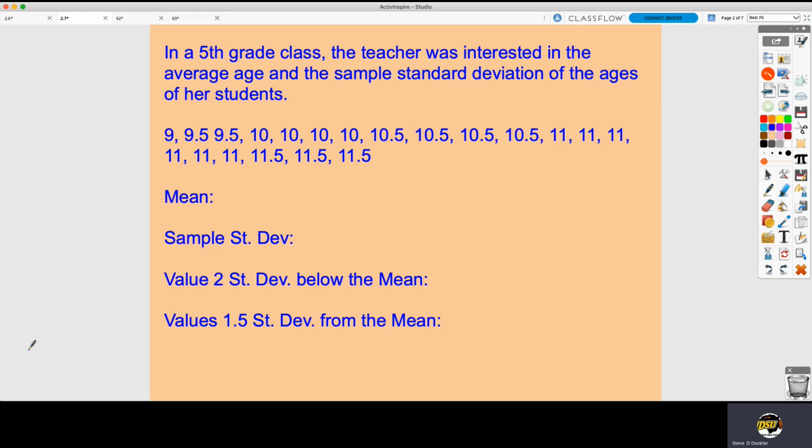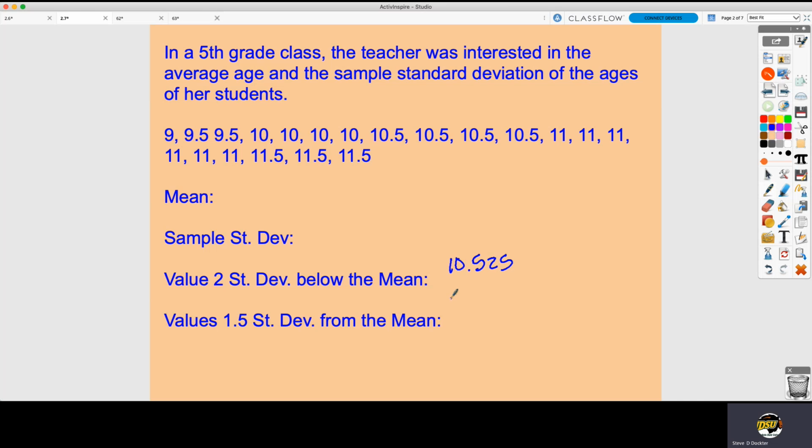All right, so how we use standard deviations is we're sometimes asked to find the value 2 standard deviations below the mean. We know that our mean is 10.525.